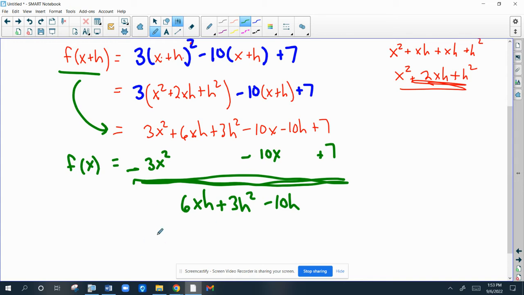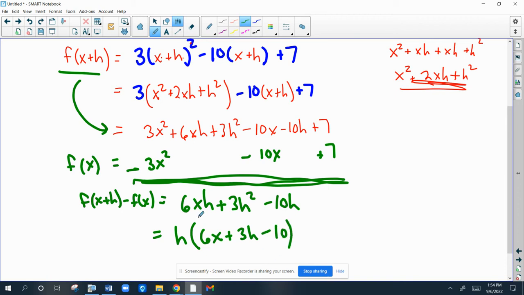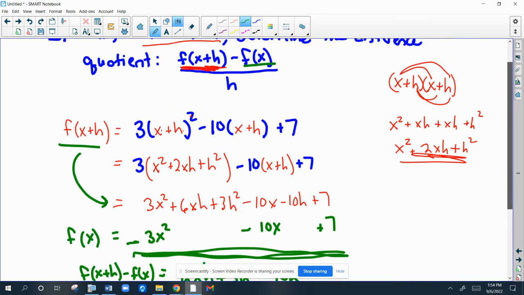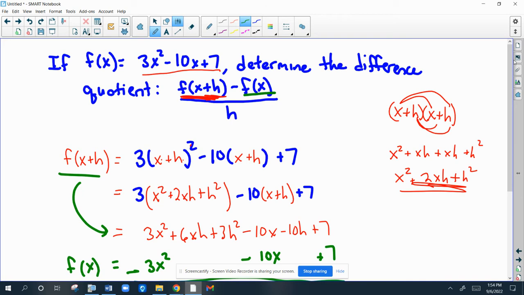So by factoring, and by the way, remember, this is f of x plus h minus f of x, by factoring out an h from all three of these terms, you'll be left with 6x plus 3h to the first minus 10. So now you've done the entire top of this quotient.